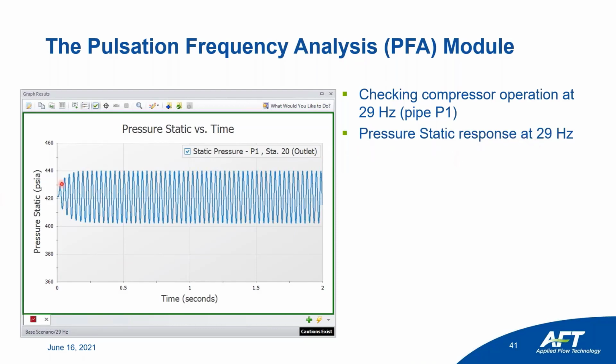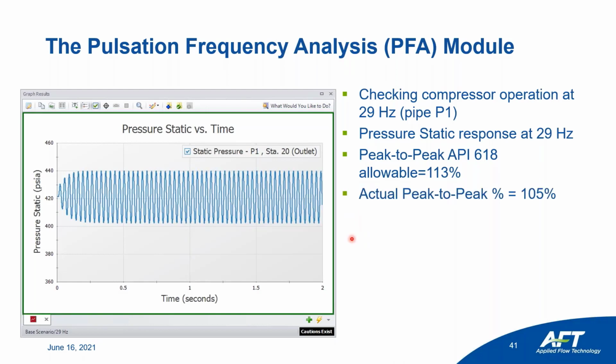So here's the response. The maximum is 440 PSI. The peak-to-peak allowable, according to API 618, is 113%, and the resultant actual peak-to-peak percent is 104 and 105%.